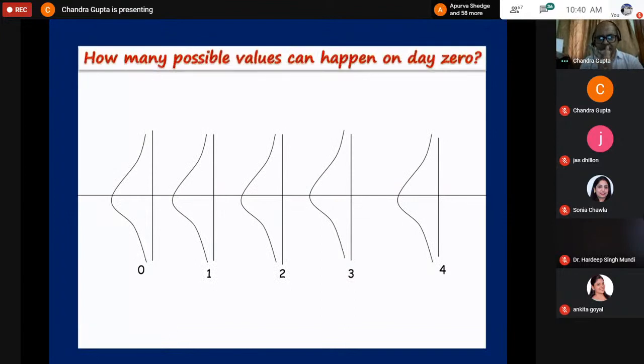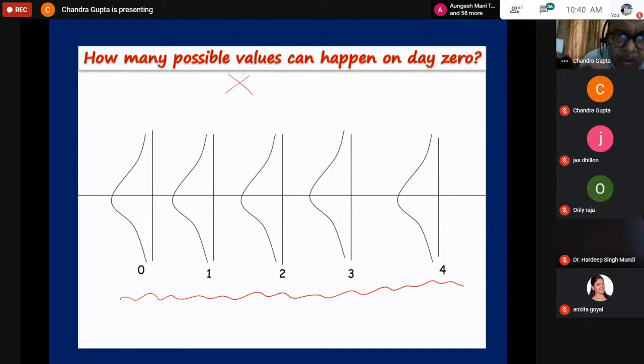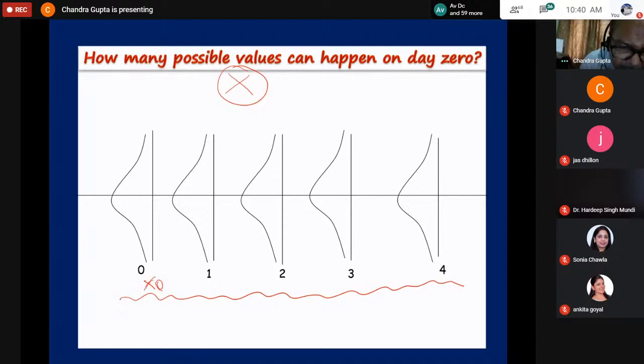Now let's look at this. Suppose I am talking about a random variable x. So x0. Since it's a random variable, it can take any value, and let's assume that x is following a normal probability distribution. So that's the probability distribution of a random variable at 0 point of time.